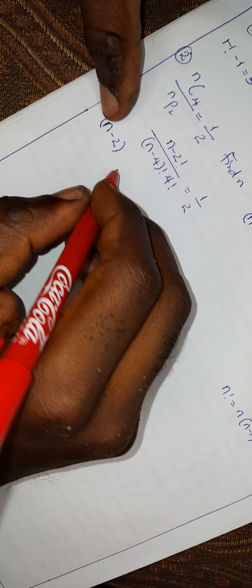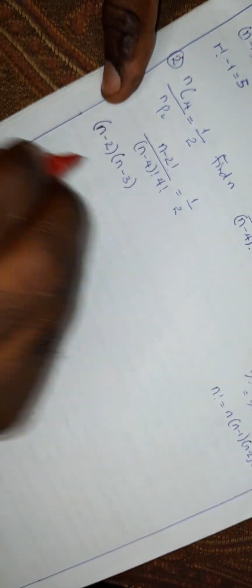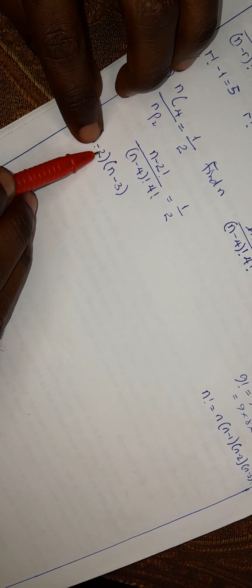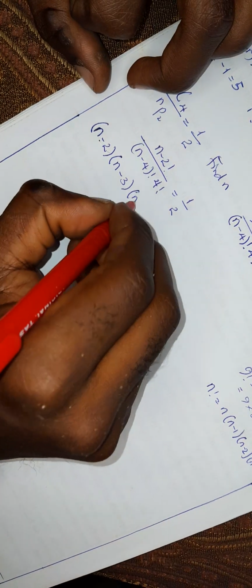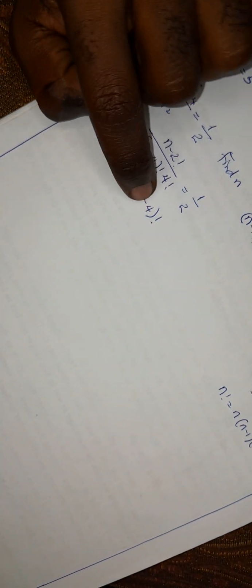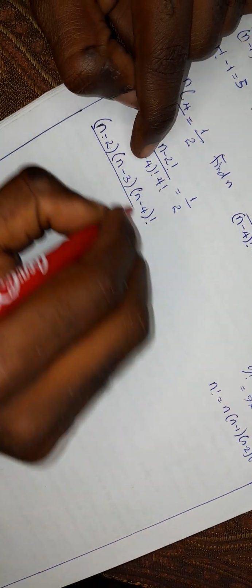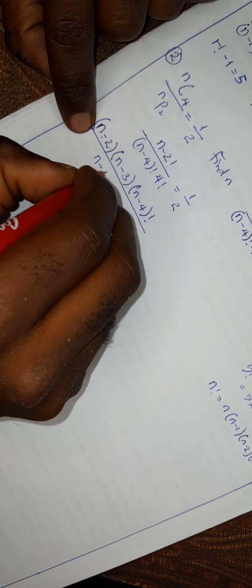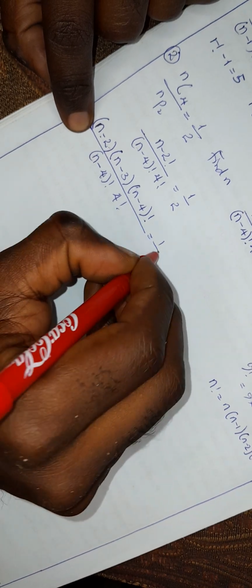As you can see, n is reducing by 1. So n minus 2, next value will be n minus 3, and the next value will be n minus 4. I'm going to stop there. The reason why I'm stopping here is so that this value will be eliminated. So this is what we're having at the denominator, n minus 4 factorial 4 factorial equals 1 over 2.